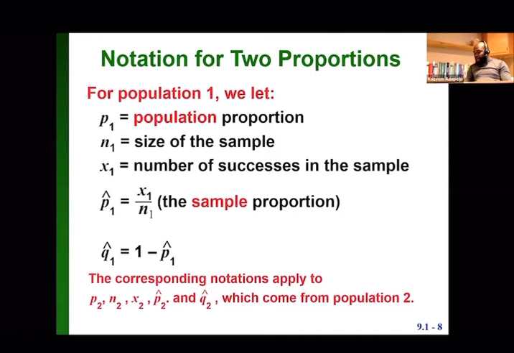What are they looking for? They're looking for X1, which is the number of successes in the sample. Out of the sample they used, how many of the people they vaccinated with their vaccine were able to prevent the occurrence of COVID?